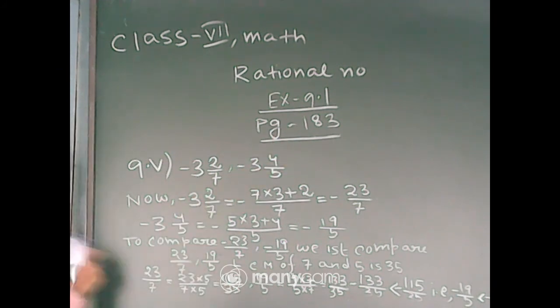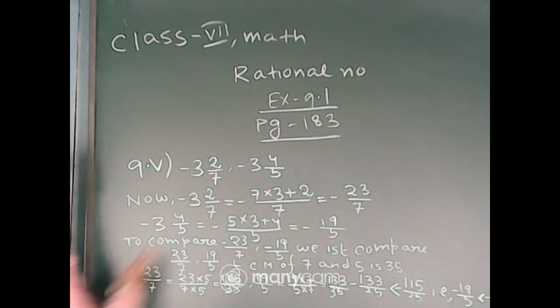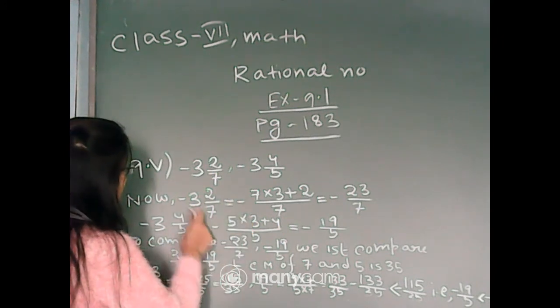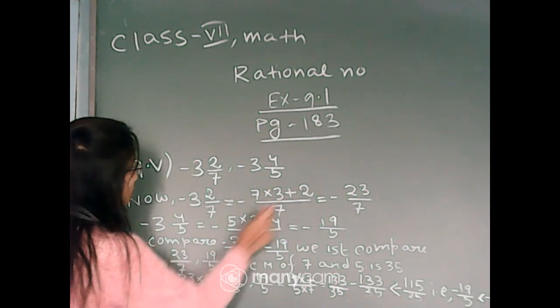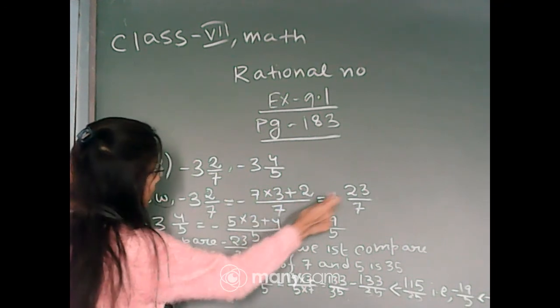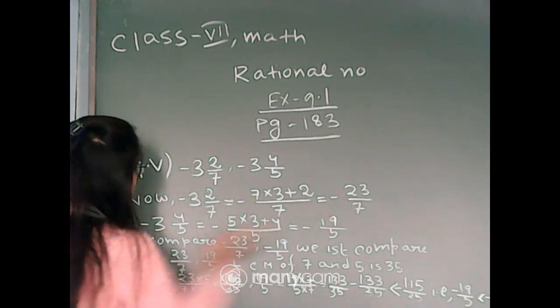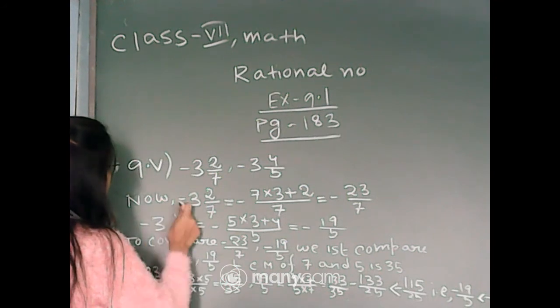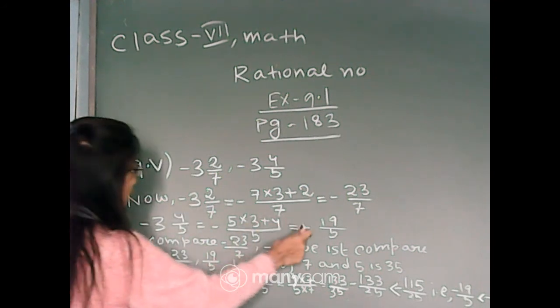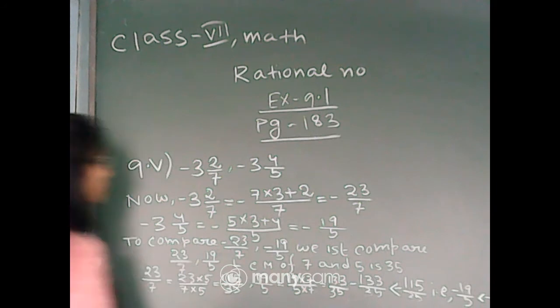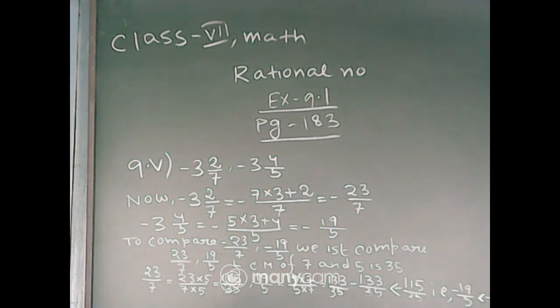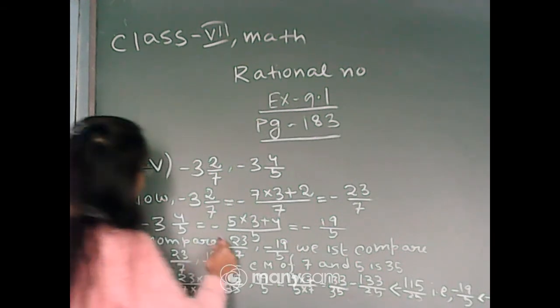Now, minus 3 wholes 2 by 7 is equal to minus (7 into 3 plus 2) divided by 7, that is minus 23 divided by 7, and minus 3 wholes 4 by 5 is equal to minus 19 divided by 5. Now, to compare these rational numbers, we first compare the fractions 23 divided by 7 and 19 divided by 5.